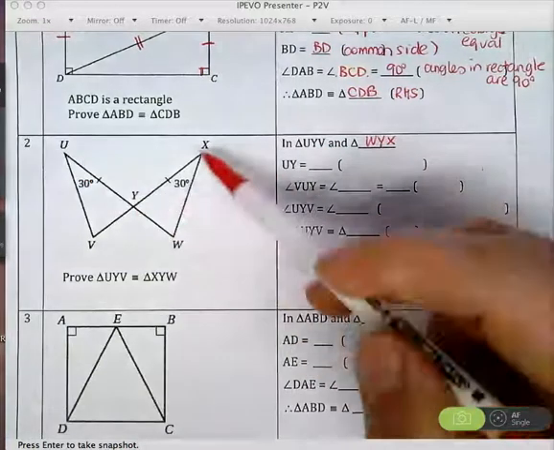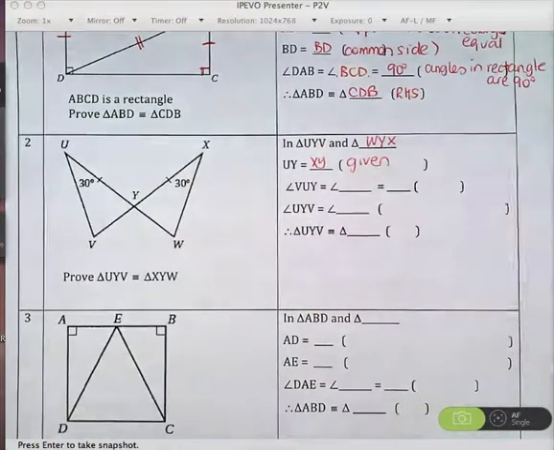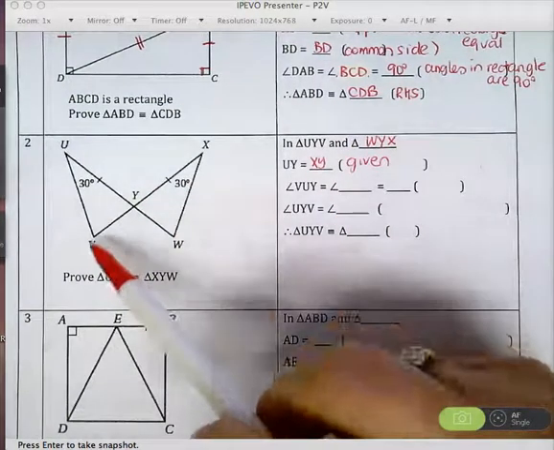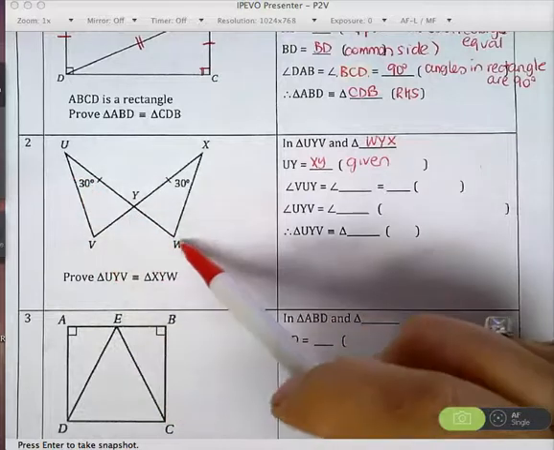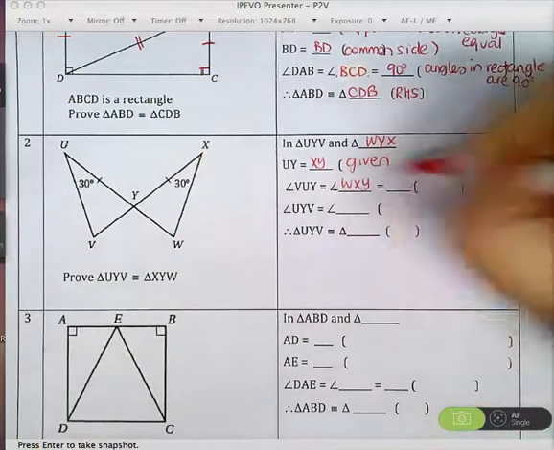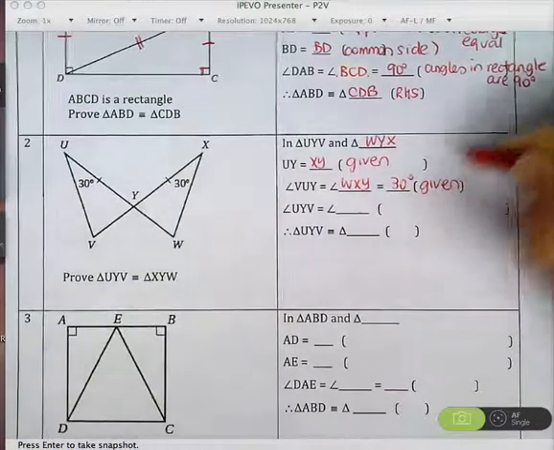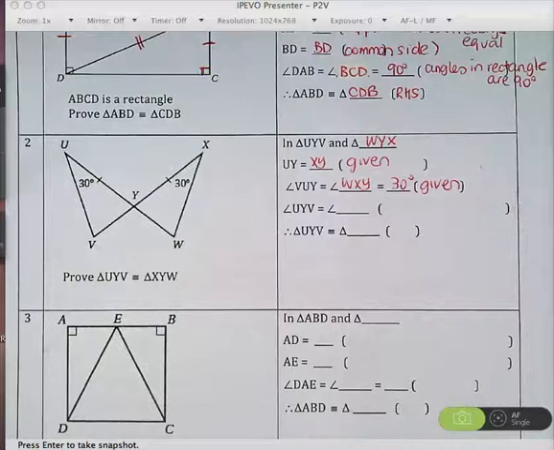We know that UY equals XY, and that's given because it's marked on the diagram. We also know that angle VUY is equal to angle WXY, which equals 30 degrees, and that was also given because the 30 degrees are marked on the diagram.